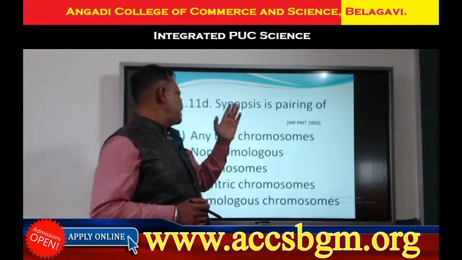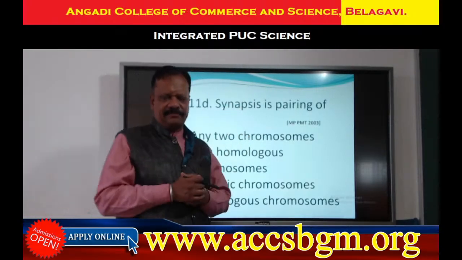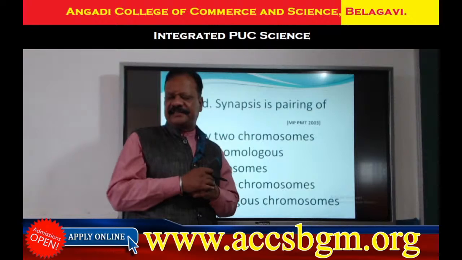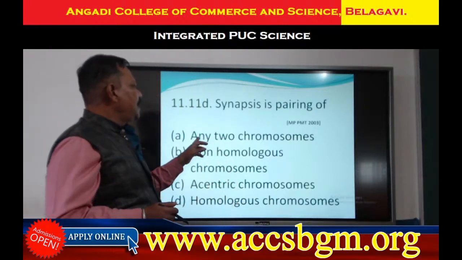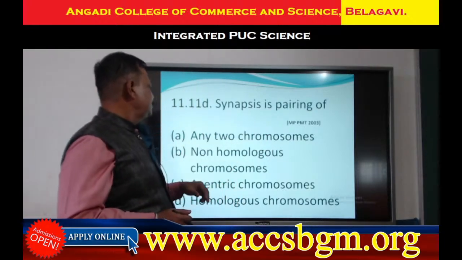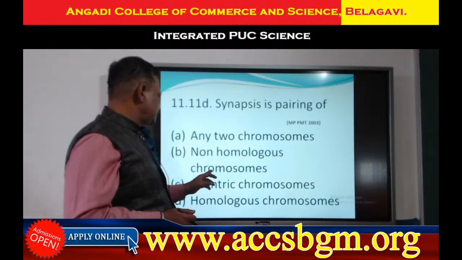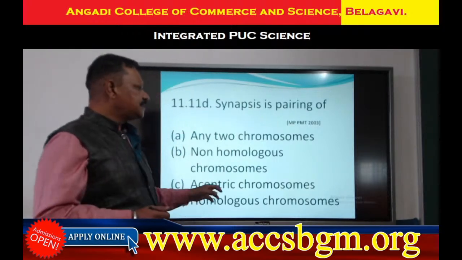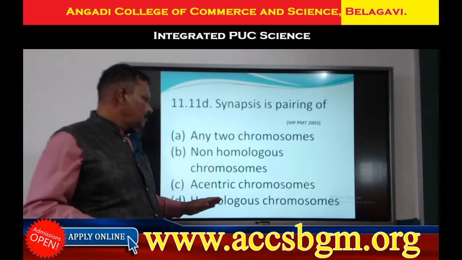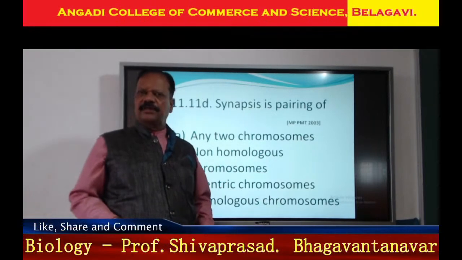Next. Synapsis is pairing of what? Okay, what pairing is taking place? Just see, any two chromosomes, non-homologous chromosomes, acentric chromosomes, homologous chromosomes.